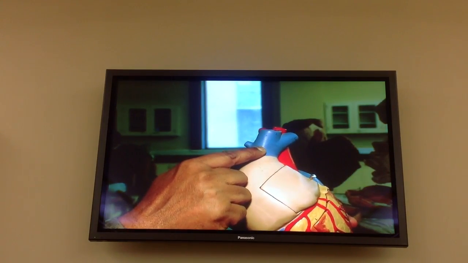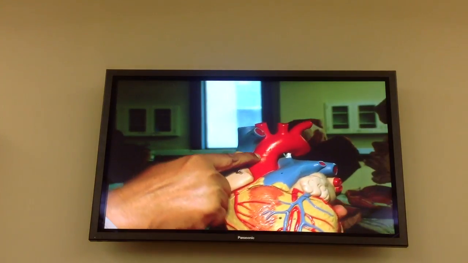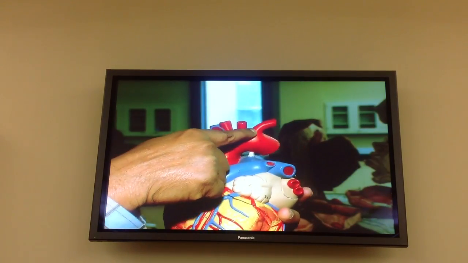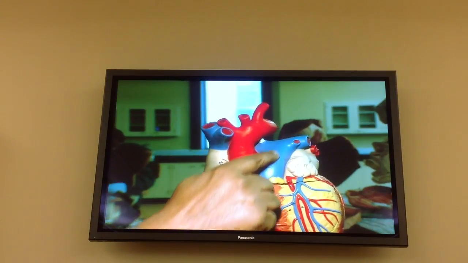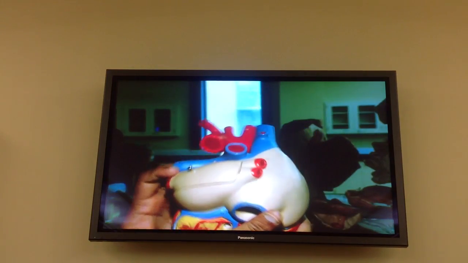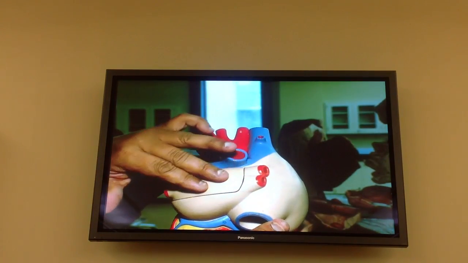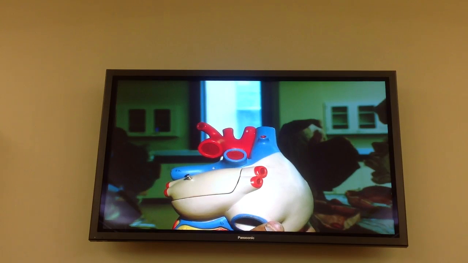Superior vena cava, ascending aorta, arch of aorta, pulmonary trunk, base of the heart. Red is aorta. Blue is pulmonary trunk. Okay? Blue is pulmonary trunk and red is aorta.